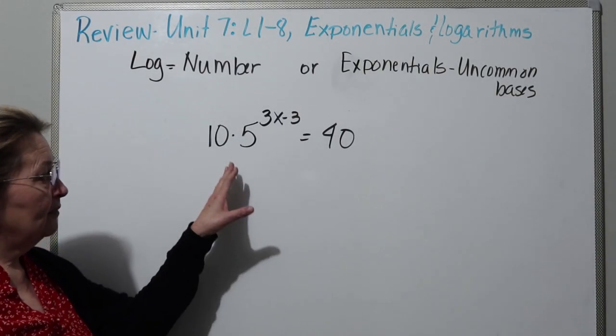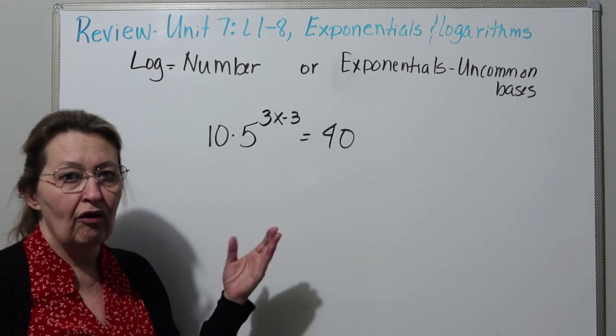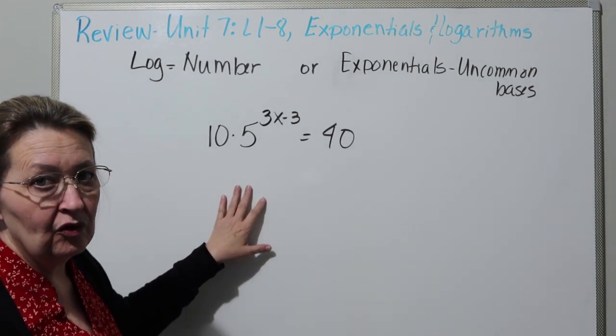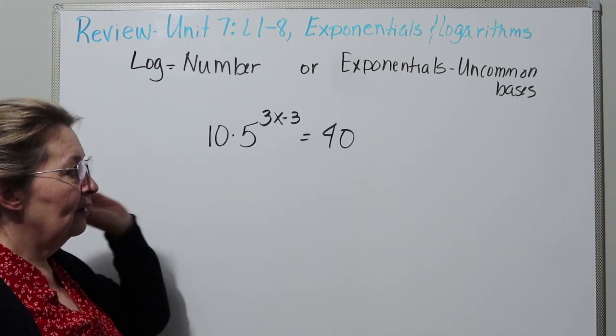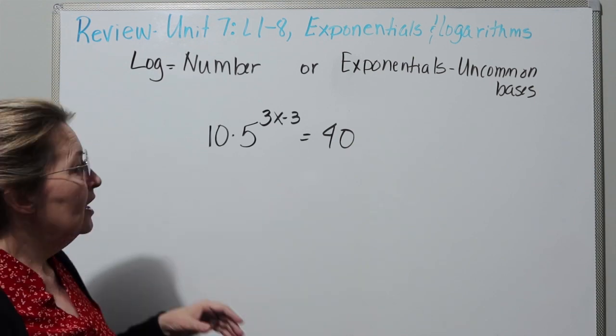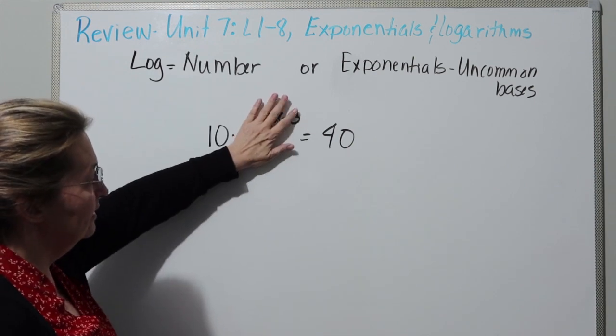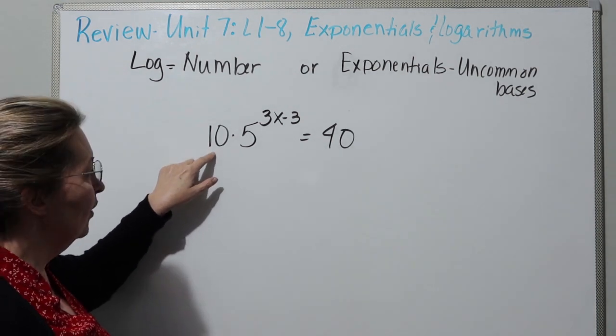Okay, I've got 10 times 5 to the 3x minus 3 equals 40. I have no log in there, but I have an exponential, and I can't get common bases. So I'm going to go with converting this to logarithms. Now first I have to isolate the exponential part. So I've got to get rid of this 10. I've got to get that away from there.